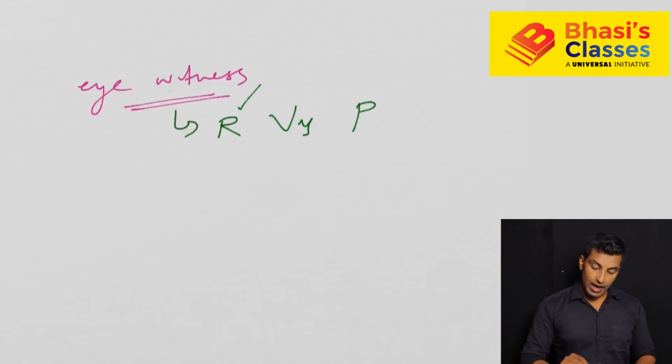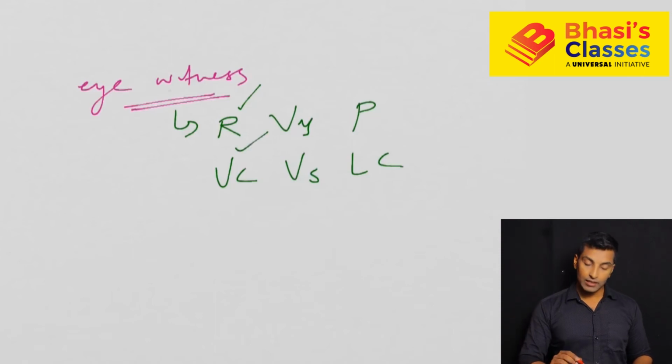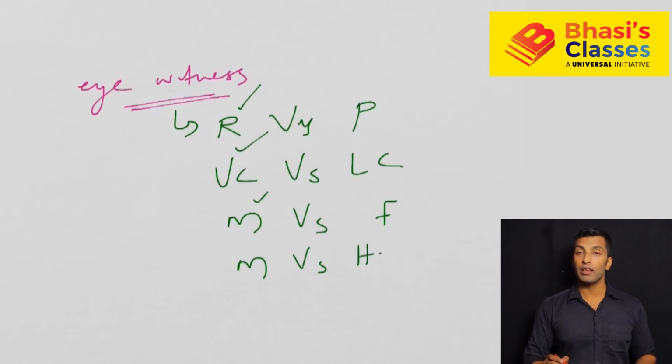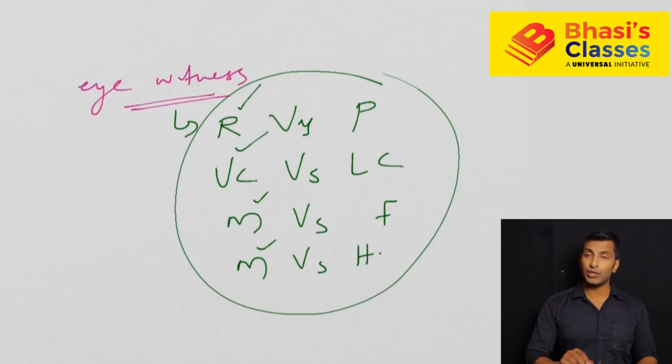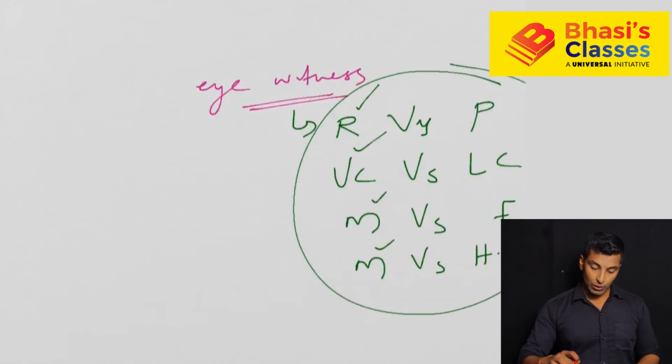Again, if an upper caste and a lower caste person come, the judge will listen to the upper caste. If a male and a female come, he will listen to the male. If a Muslim and a Hindu come, he will hear the word of the Muslim. So there were a lot of prejudices, and he abolished everything.